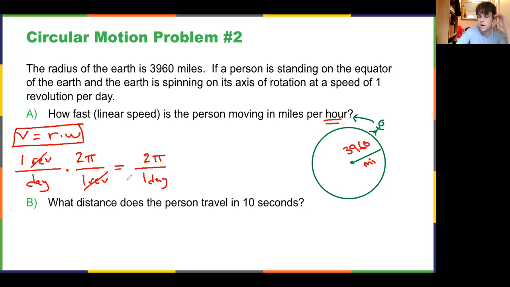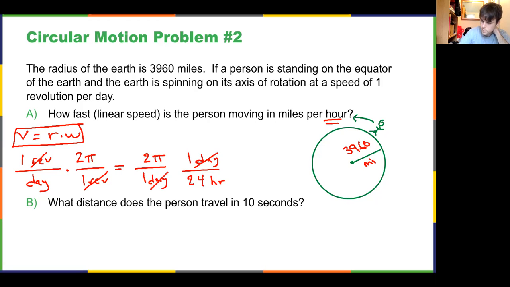But again, we want this per hour. So 1 day is equivalent to 24 hours. If we convert here, we end up with 2 pi over 24. I'm going to multiply that out, or divide that rather, in this case. So 2 times 3.14 divided by 24.